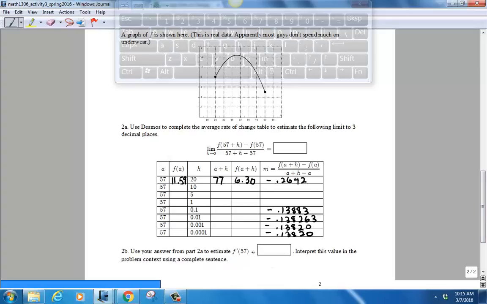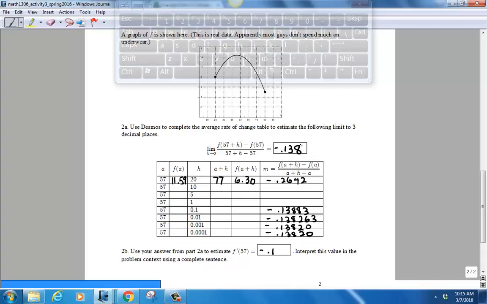What is the instantaneous rate of change? In other words, what is the correct slope of the tangent line? We want 3 decimal places here.